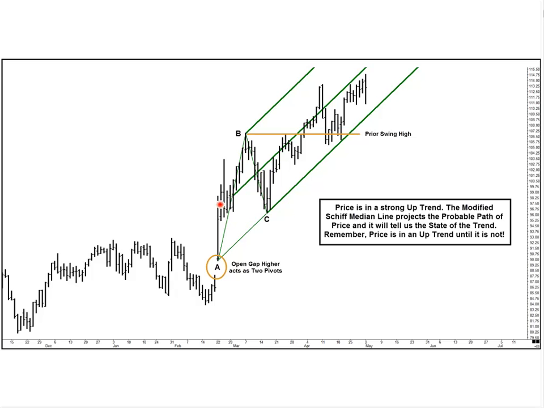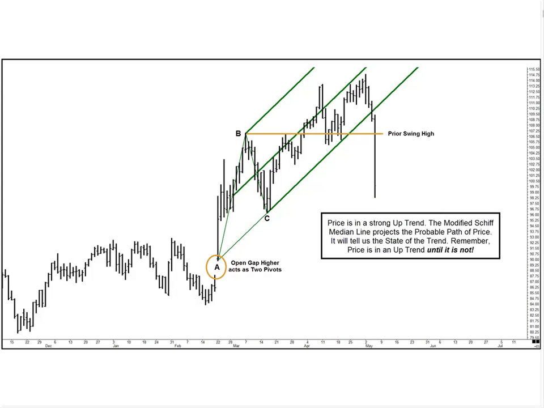Once we found the probable path of price, take a look. Came down, bubbles up, as Shane would say, comes down, tests the lower parallel, comes back with 80% probability to the median line. So it's done what it's supposed to do. Now, at some point, another force does enter the market, and price does turn, makes the lower parallel.